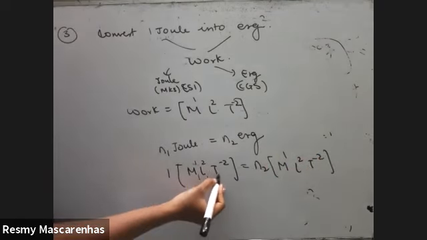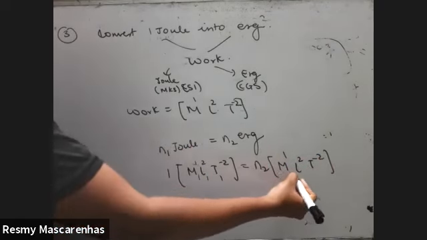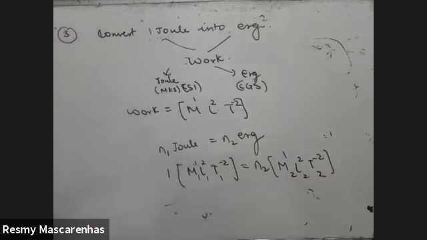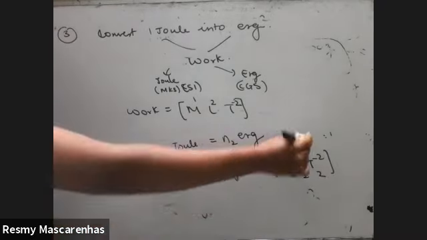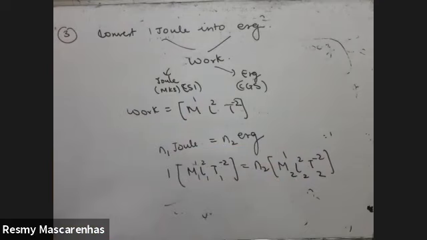Just put 1, 1, 1 here for this one. And then both will cancel out each other if you don't put different letters. Now keep N2 there only, bring the other term this side.